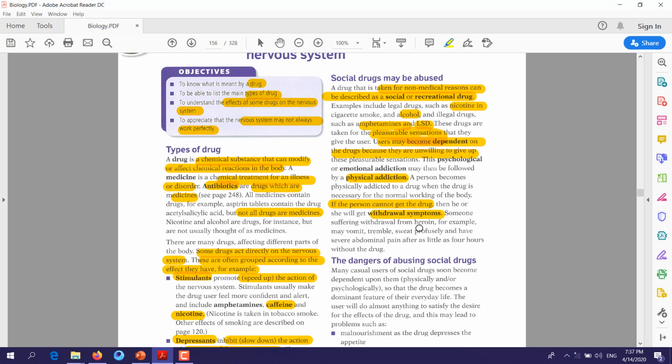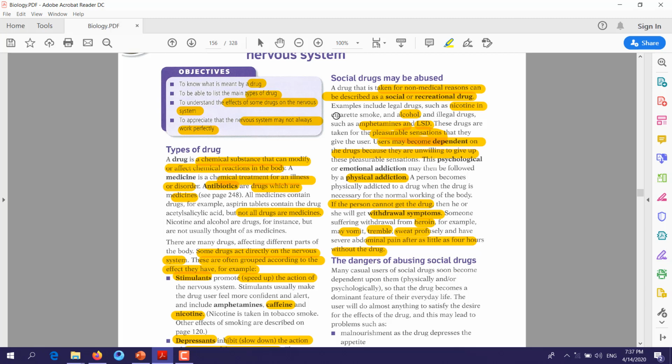Someone suffering withdrawal from heroin: if someone is taking heroin, what will happen if he does not get it at a specific time, or if he is not able to get it anymore? For example, he may vomit, tremble, sweat, and have severe abdominal pain after as little as 4 hours without the drug.